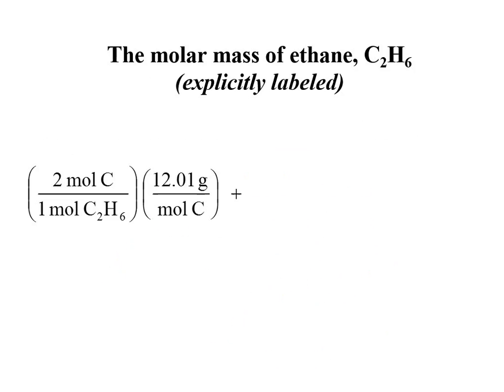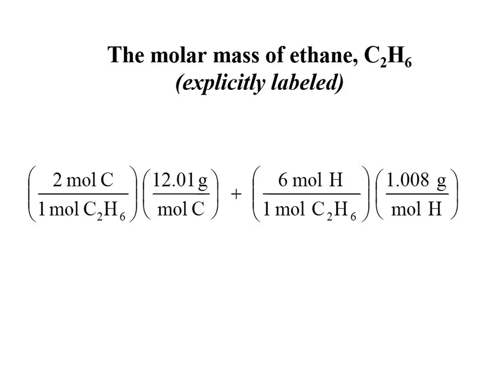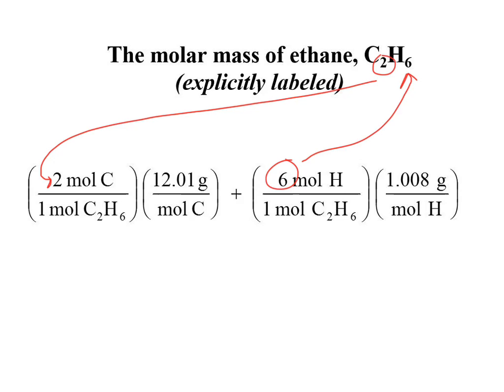So this is not the way I would work this problem if I was on a roll, working it as an answer key, or as my problem on my own. This is explicitly labeled. In the compound C2H6, there are 2 moles of carbon and 6 moles of hydrogen.